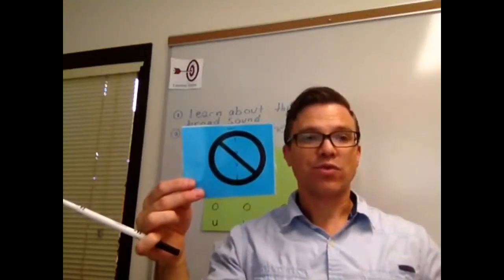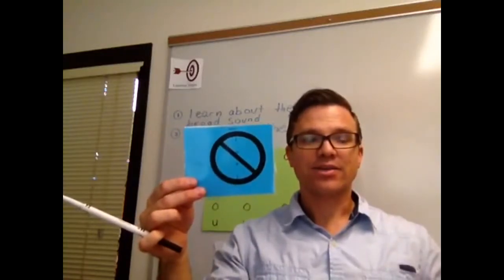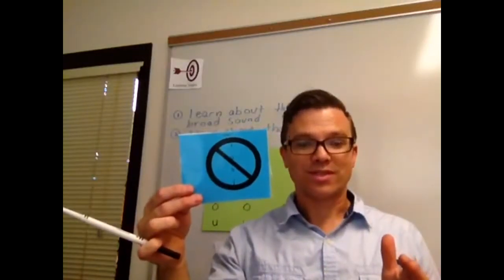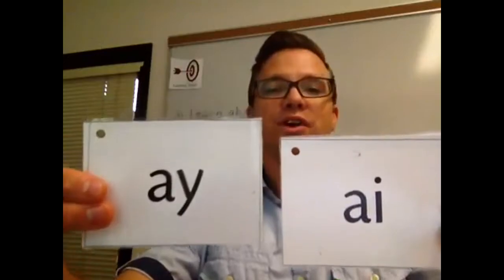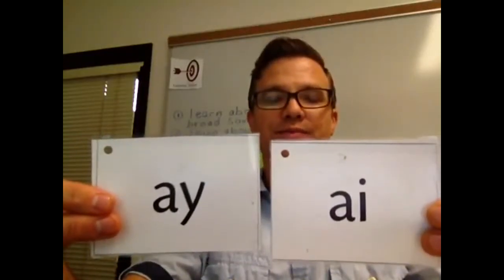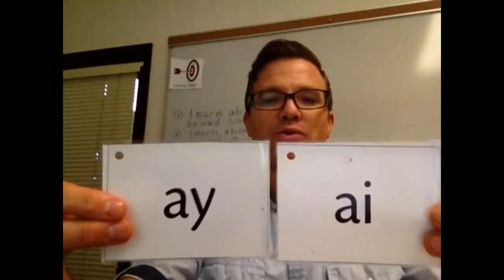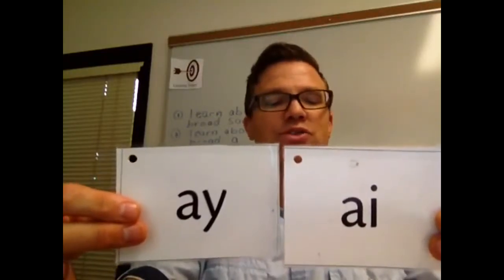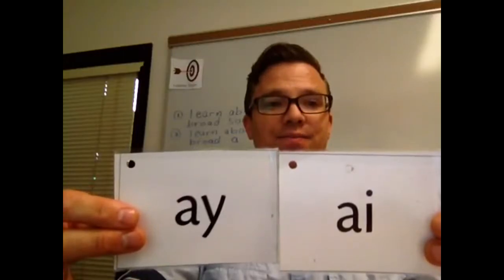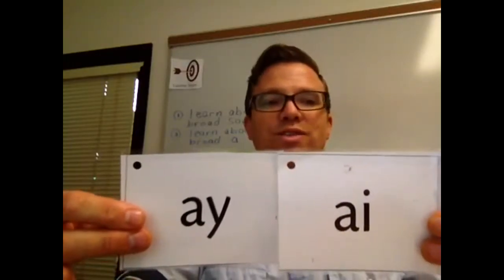That's pretty important for our sounds from last week, and our sounds from this week are almost the same. So check out our sounds. These are our new sounds for this week. What do you notice about both of these phonograms? Do you notice they both have an A at the beginning? What do you notice that's different?